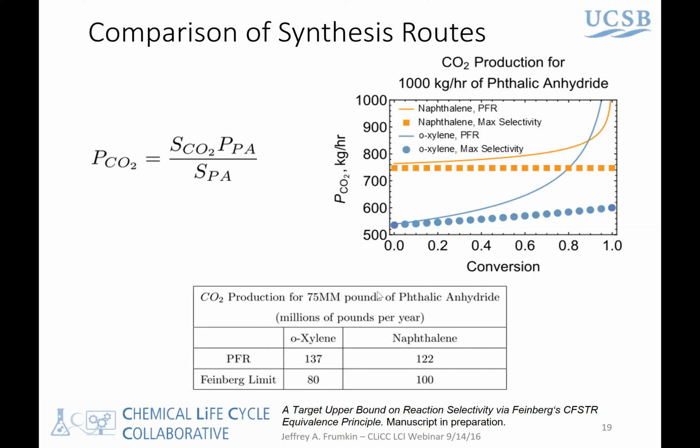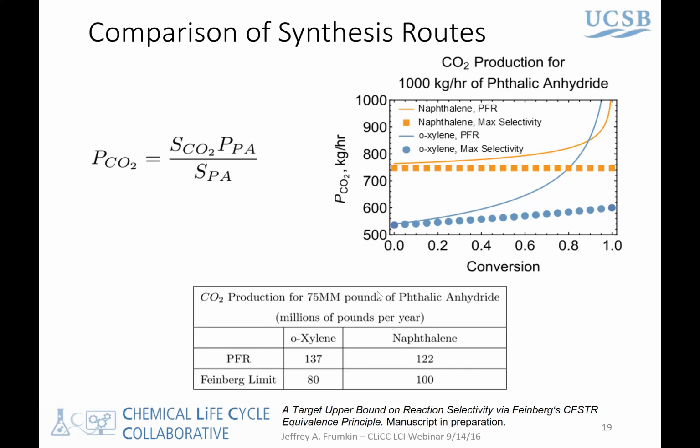There's a fun little example at the bottom of the screen, this table. It shows the CO2 production for a process producing 75 million pounds per year of phthalic anhydride. For the orthoxylene chemistry using a traditional reactor, we will generate about 137 million pounds per year of carbon dioxide at around a conversion of about, I think, 95% or so.